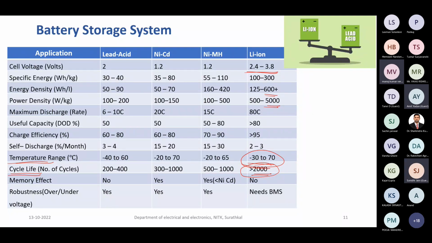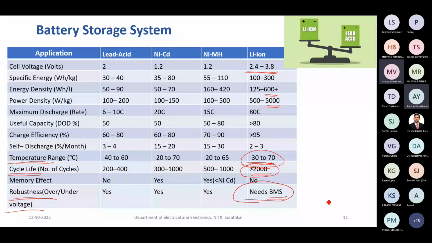And finally, on robustness, all other batteries also operate, but a lithium-ion battery needs a dedicated battery management system to estimate the different values and parameters. We'll call it the BMS here.